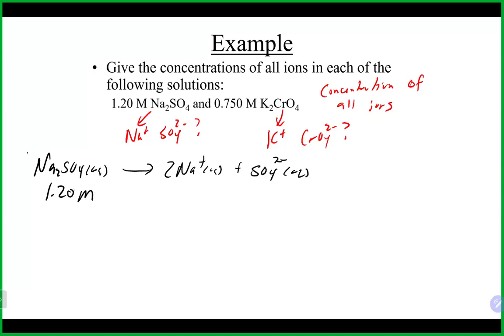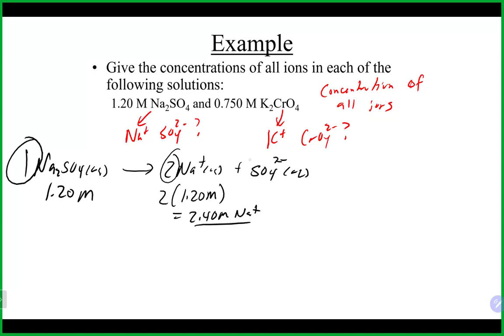It is a 1 to 2 relationship between the whole thing and the sodium, which means we're just going to multiply the concentration by 2, which would give us 2.4 molar for our sodium ion concentration. Once again, if we look at the whole thing to the sulfate, it is a 1-to-1 relationship, which means we will multiply the concentration by 1, which basically means it stays the same. And we would have 1.2 molar for our sulfate in this case.